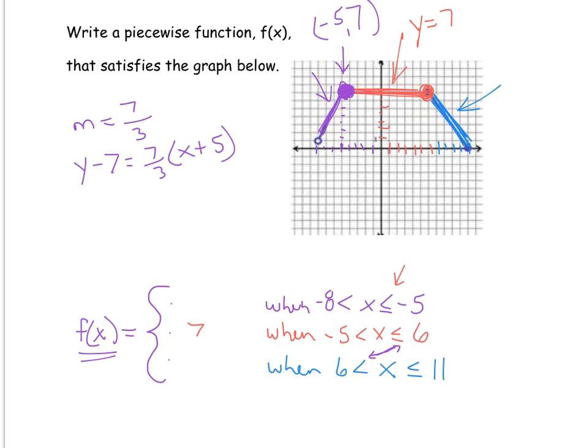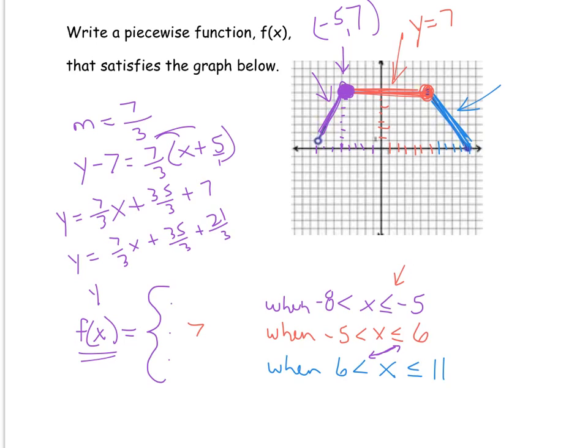So I'm going to distribute, I'm going to add 7, so I'd have y equals 7/3 x plus, think of that as over 1, that'd be 35 thirds plus the 7 from the other side. 7 to get a common denominator of 3, so I would take 7 over 1, top and bottom times 3, and that'd be 21 thirds.